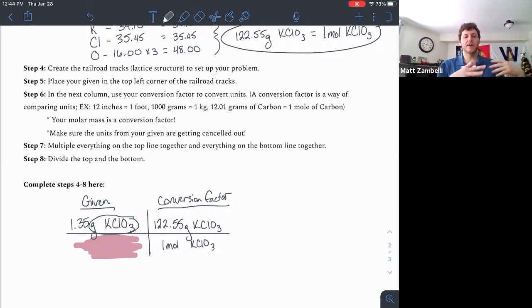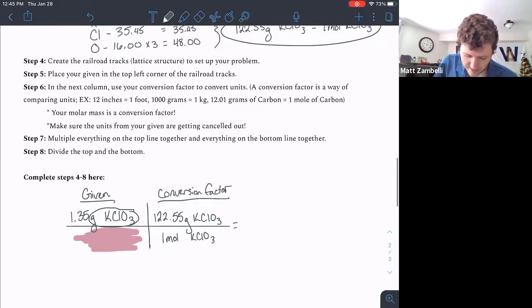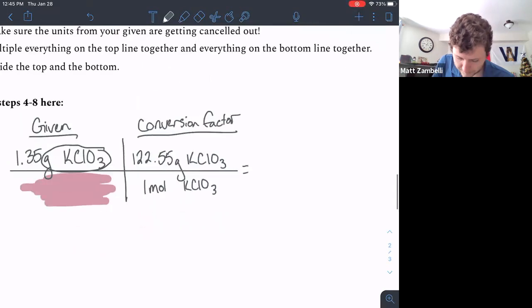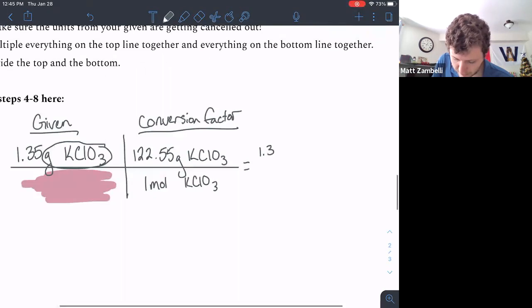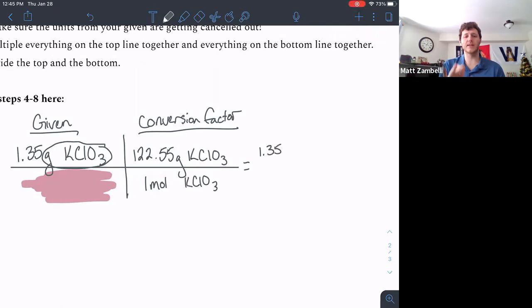Once we do that, we're going to multiply everything on the top together and everything on the bottom together. So what that looks like is 1.35, and I'm going to put units on this first one. In the future, I'm not going to, because we don't need to put the units back on until the end, as this is just a small step.